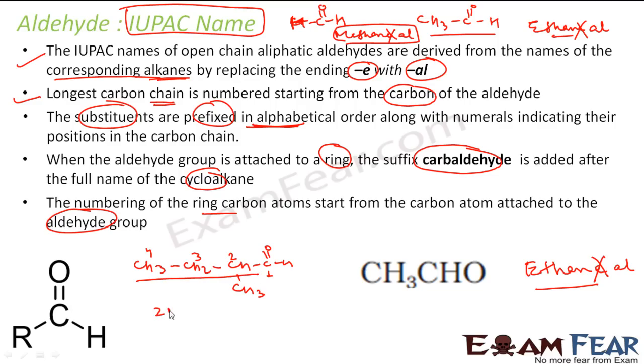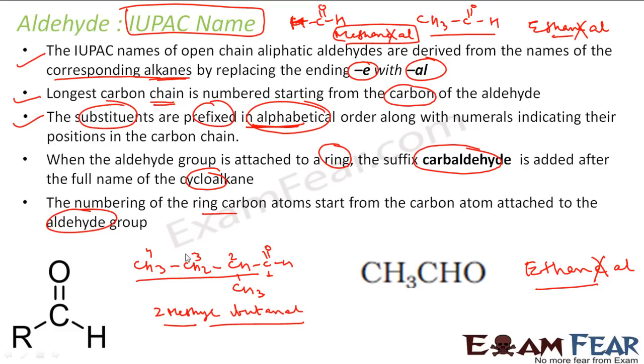At 2 I have a methyl, and then I have 4... methylbutanal. This will be the name of the compound. Correct? See, the numbering starts from the aldehyde group, so it's 1, 2, 3, 4. At 2 I have a methyl group. If I have more prefixes, again I'll follow the alphabetical order. We'll take more examples to understand this.